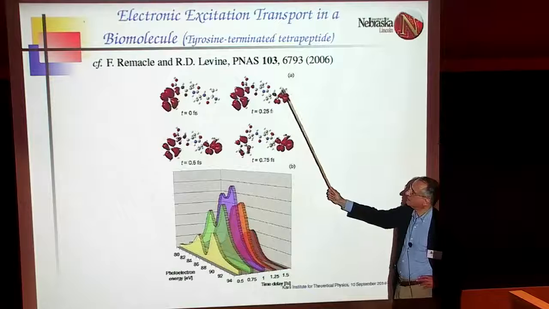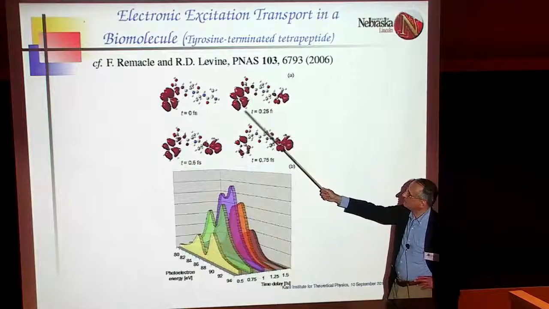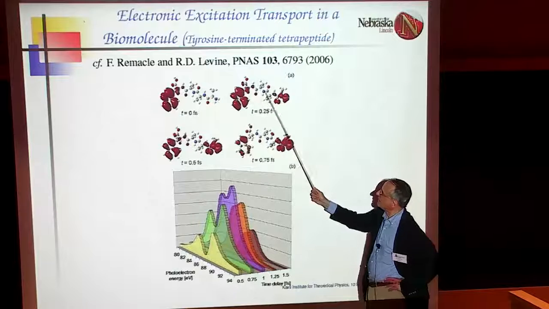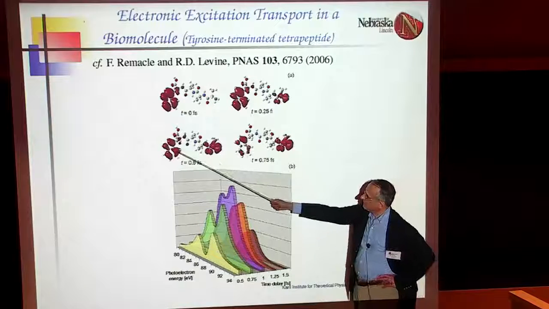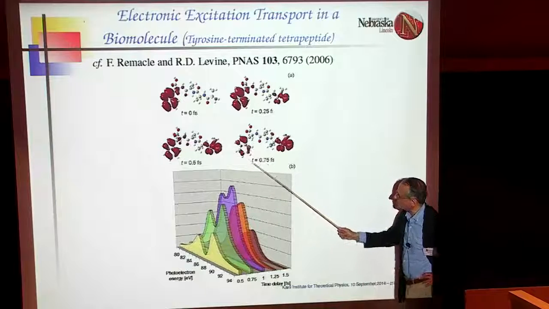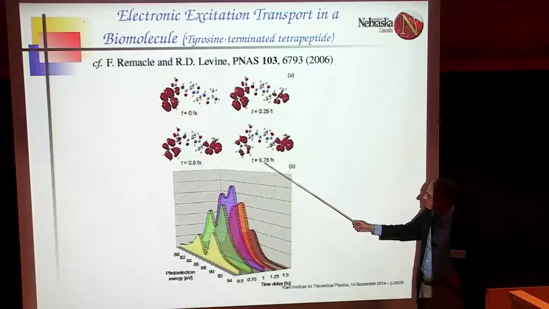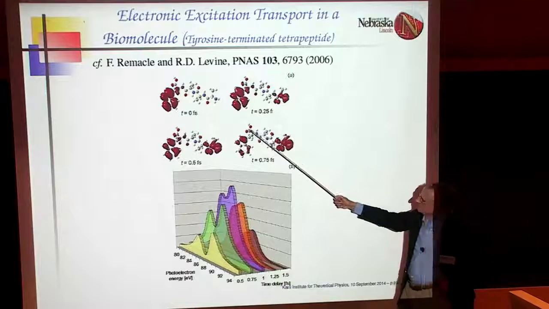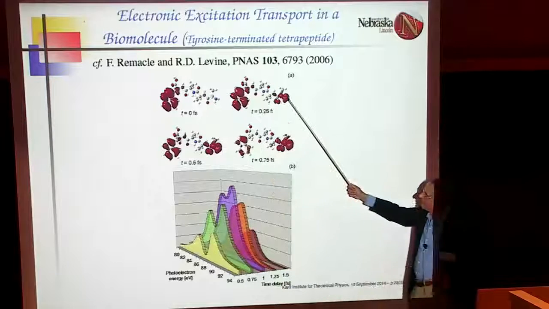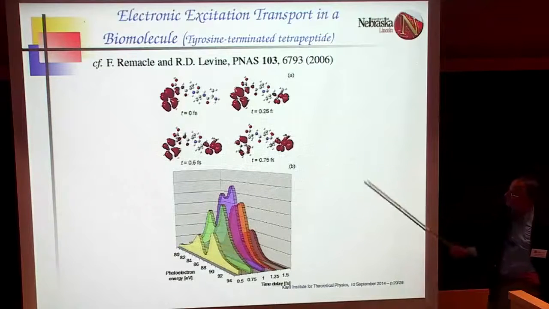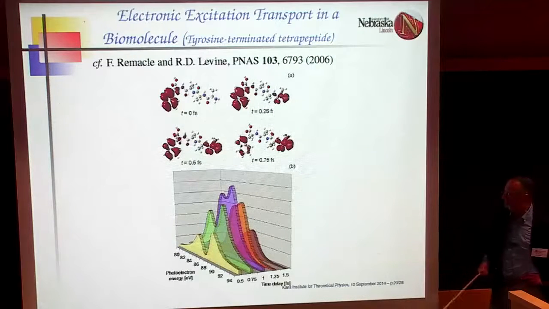And 250 attoseconds later, you see that this excitation has moved. 500 attoseconds later it has moved even further, and now 750 attoseconds later, or 0.75 femtoseconds, the excitation has moved to the other end of the molecule. So these excitations in a biomolecule traverse the molecule on an attosecond timescale.